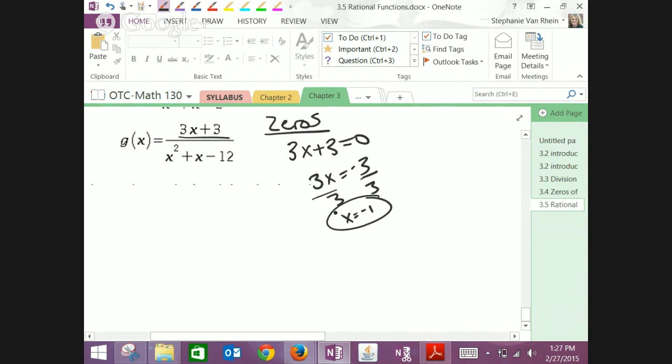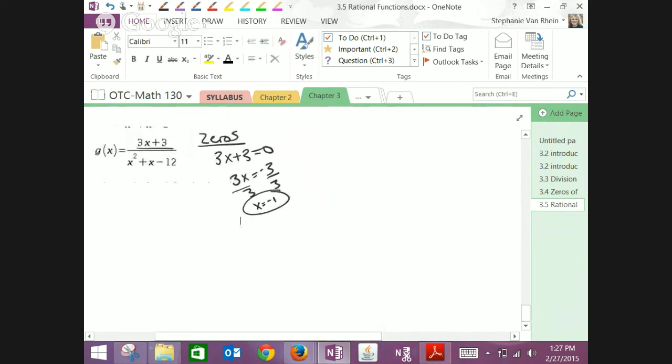That's a zero. So that means my graph at x equals minus 1 has y equals 0. My function equals 0, right? What's the next thing I might want to know about the function? Vertical asymptotes. Those are a good thing to find.